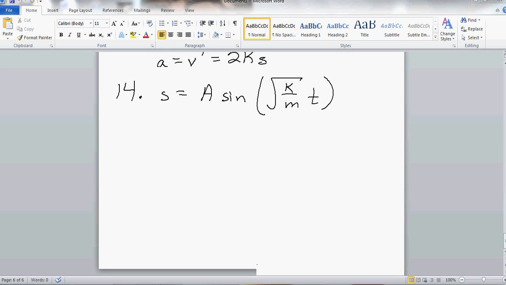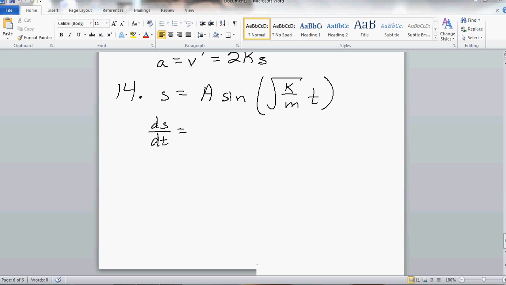The value a is an amplitude, k represents the measure of stiffness, and m is the mass, and we need to find the object's acceleration at time t. Well, that simply means, what's the derivative of s with respect to t? That's all we're asking.